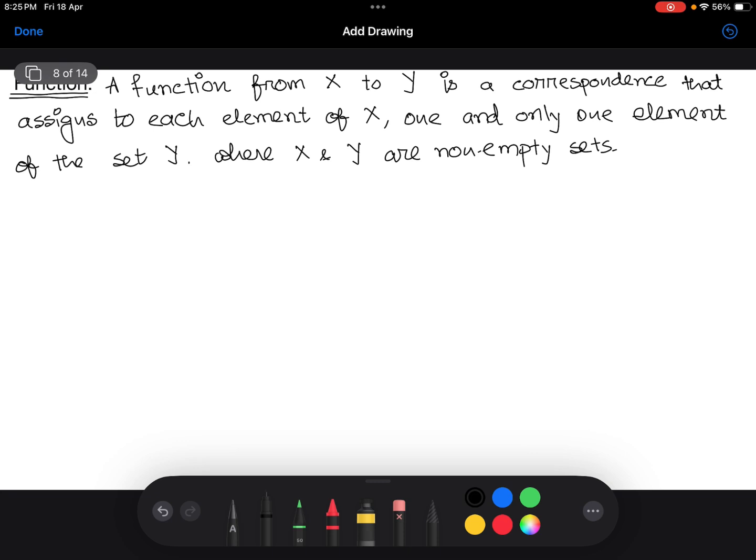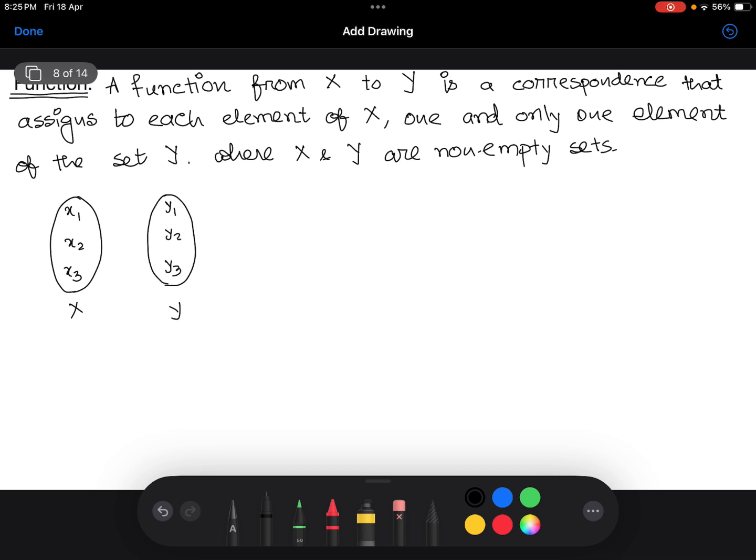Okay, so what do I mean by that? Let us understand it by a drawing. So let us say this be x and this be y. We have, let's say, three elements x1, x2, x3 and y1, y2, y3.